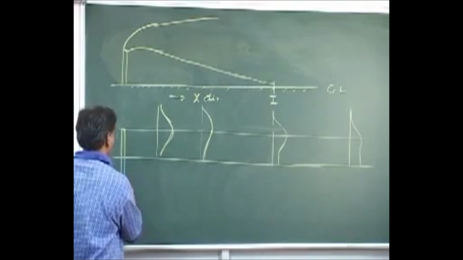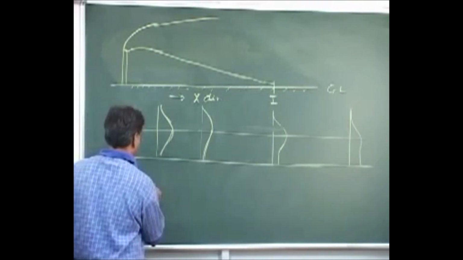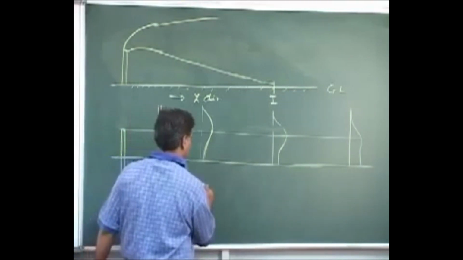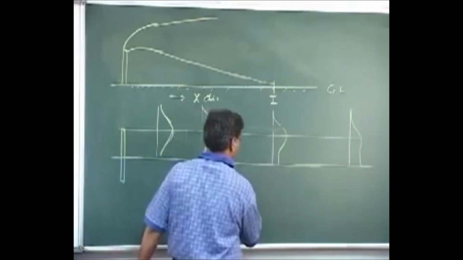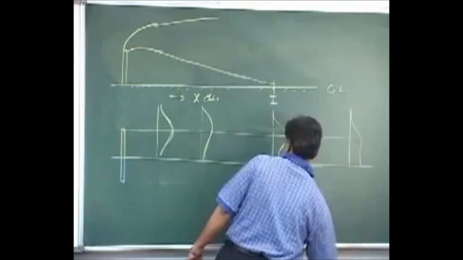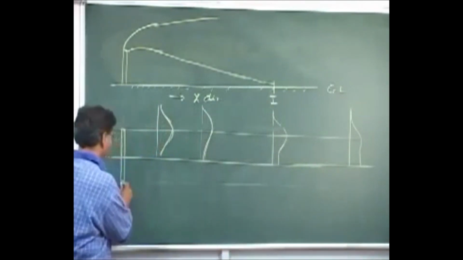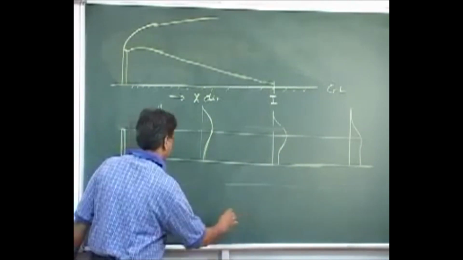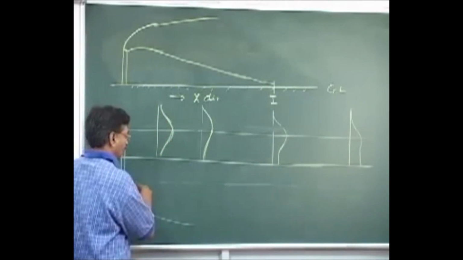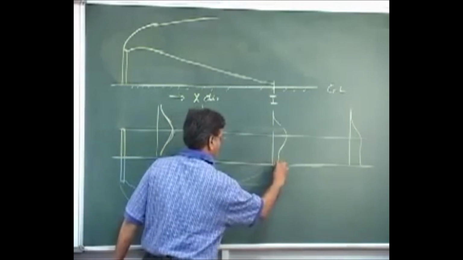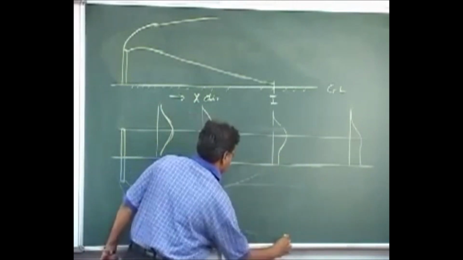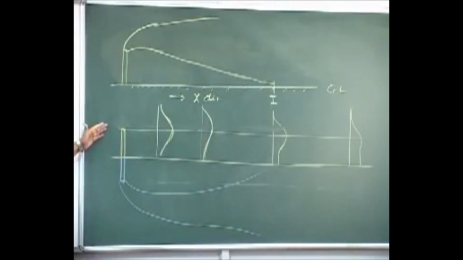So this source below the ground will have some center line, and the plume from here will go like this. It is exactly the mirror image.